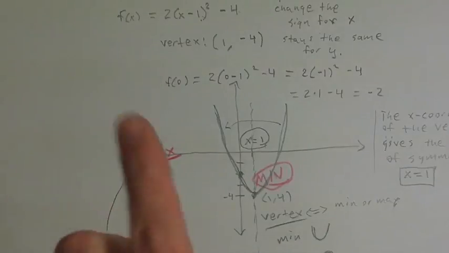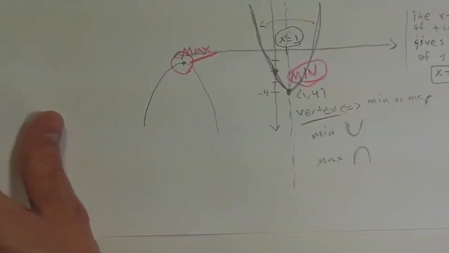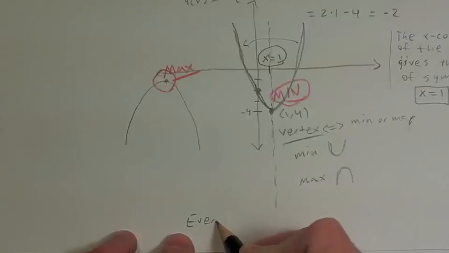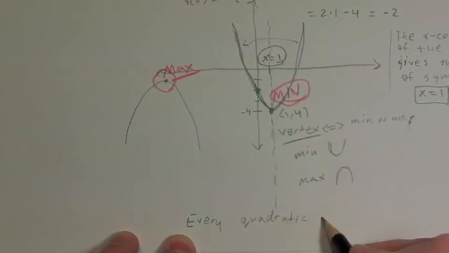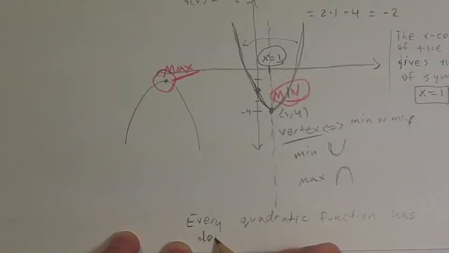Further, every quadratic function has domain negative infinity to infinity.